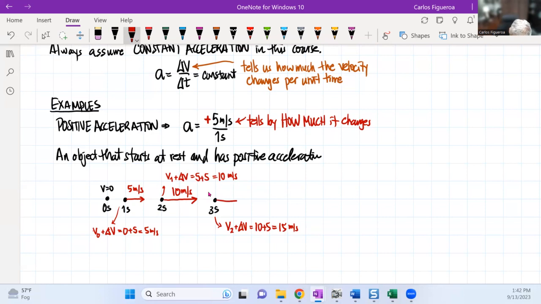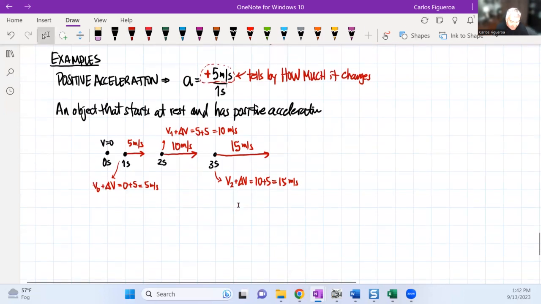Therefore, this guy gets longer to 15 meters per second. So you can see how that is changing in increments of 5. And you can see why it's useful to have that positive sign there, because it's adding to the speed. On the other hand, I can have negative acceleration.